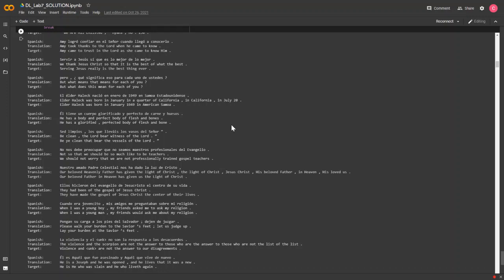But generally, these outputs should be pretty reasonable. It may have some repetitions or use the wrong word every once in a while. But these sorts of outputs are generally what we'll be expecting here. And as long as you've done your attention module correctly, you should get something similar.